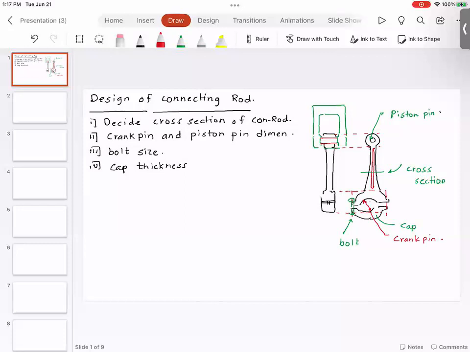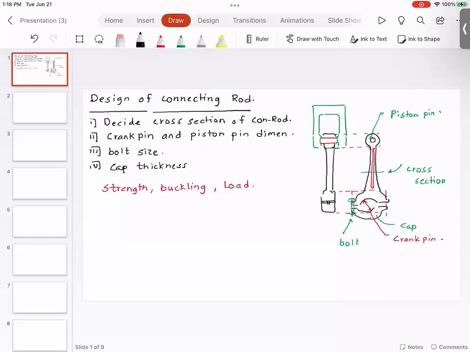So how do we design? The design is based on the strength, buckling, and the loads that come on the connecting rod.